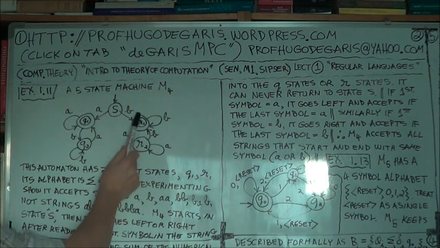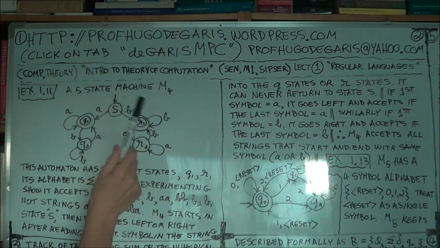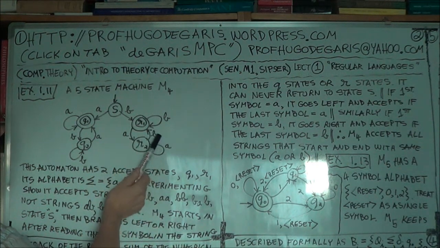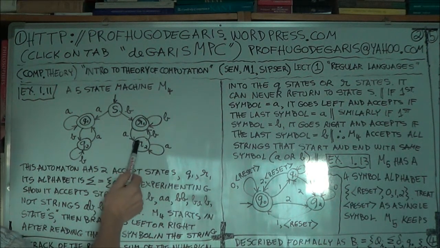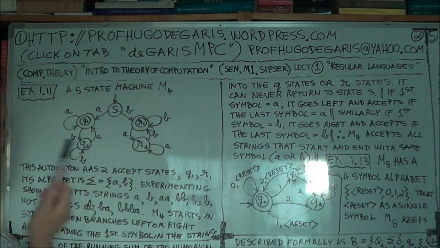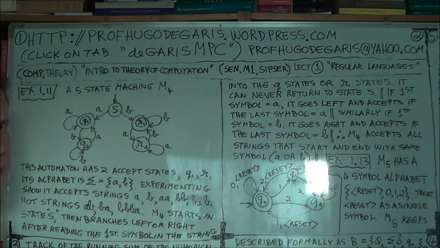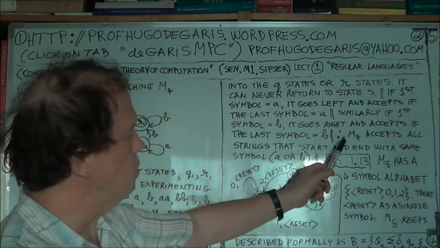Now you have a similar story on the right-hand side, so long as your last symbol in the string is a B. So say you had A, B, and then A, B. As long as the last one is a B, you'll end up here. So similar story as with the left-hand side. So you can come to a conclusion.